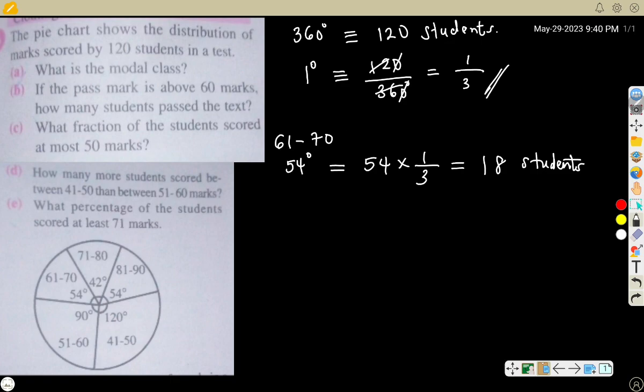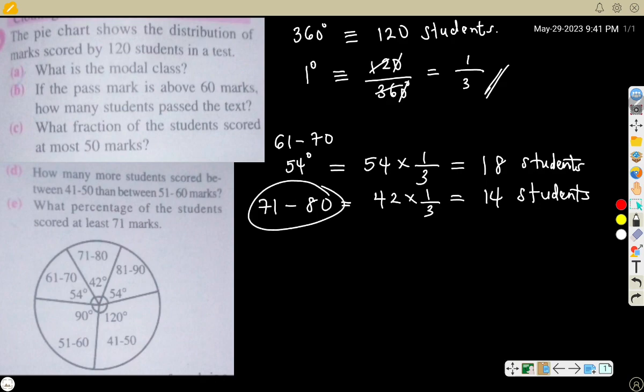Now 71 to 80 marks, we have 42 times 1 over 3. So 42 divided by 3 is 14 students. That means 14 students scored 71 to 80 marks.